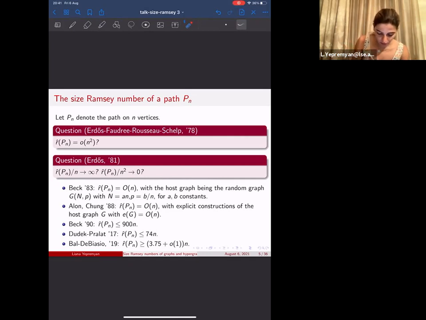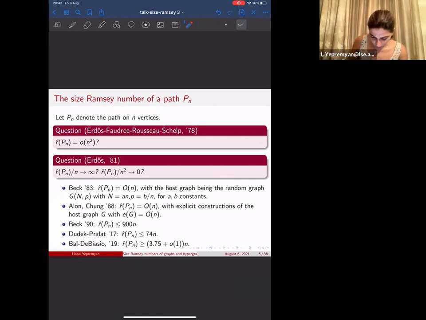So the number of vertices of G(N,p) we take is some constant times n, where n is the length of the path, and the probability p we take is B over n for some constant B as well. Afterwards, Alon and Chung showed that there are other constructions, an explicit construction of the host graph with linearly many edges, which was Ramsey for P_n.